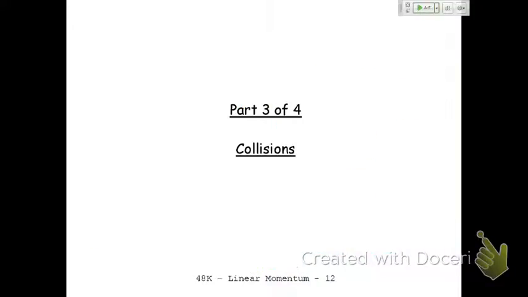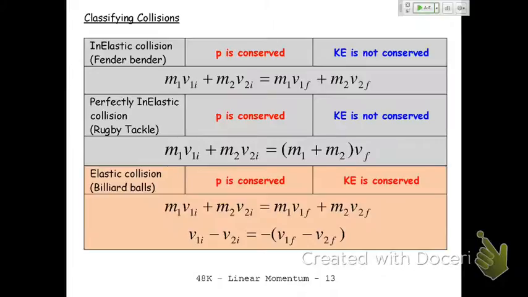So let's talk about collisions. There are two basic types of collisions. There's one where kinetic energy is conserved, and there's another type where kinetic energy is not conserved. Kinetic energy is in a moving object, so there is some kinetic energy to begin with, and you have less kinetic energy after the collision if you can feel it in terms of heat, or you can hear it in terms of a crash.